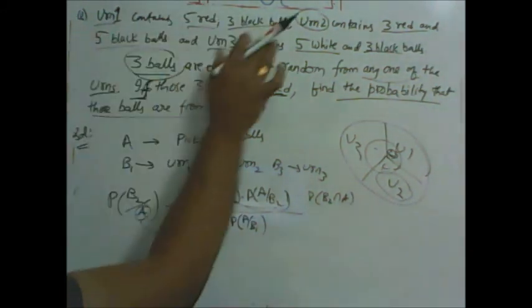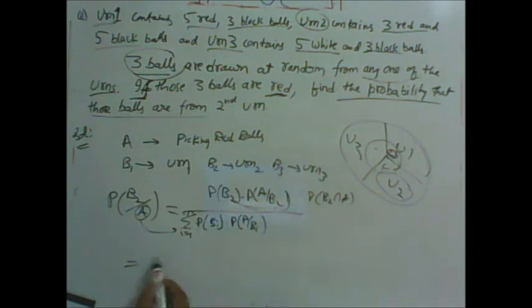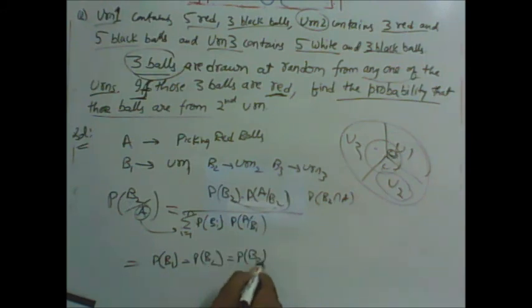When all 3 have equal chances, probability of B1 equals probability of B2 equals probability of B3 equals 1 by 3.